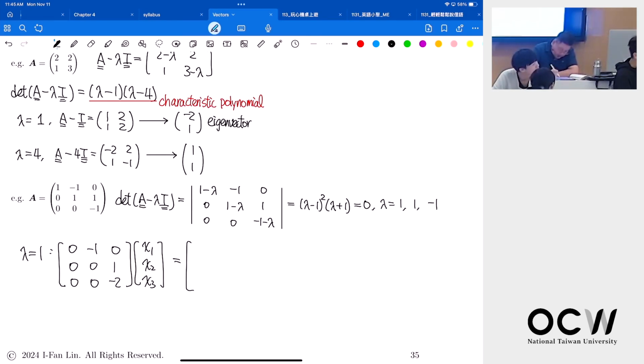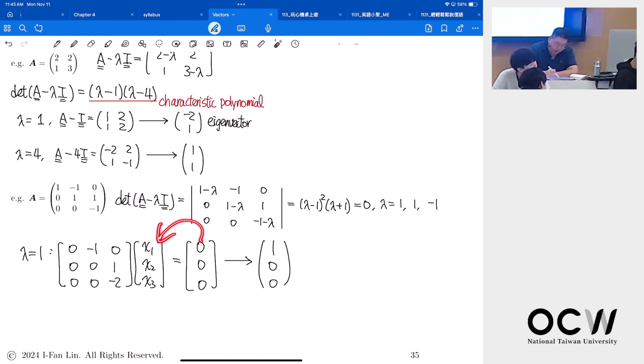That should be equal to 0 vector. Then you can find the eigenvector should be 1, 0, 0. That will satisfy this equation.